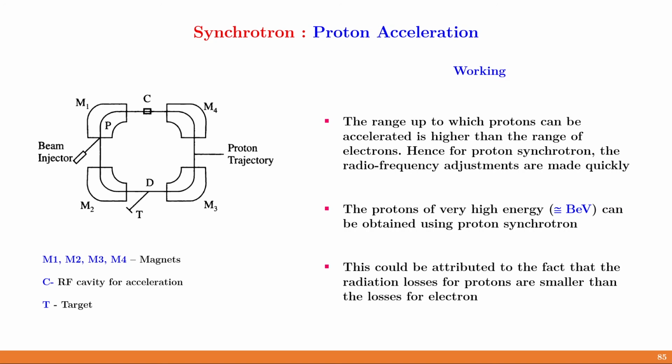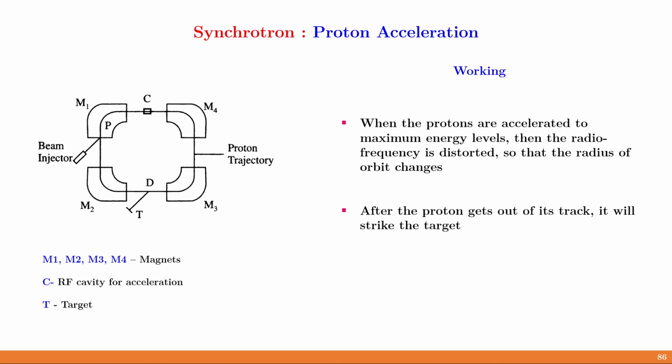This could be attributed to the fact that the radiation losses for protons are smaller than the losses for electrons. When the protons are accelerated to maximum energy levels, the radio frequency is distorted so that the radius of orbit changes. After the proton gets out of its track, it will strike the target.